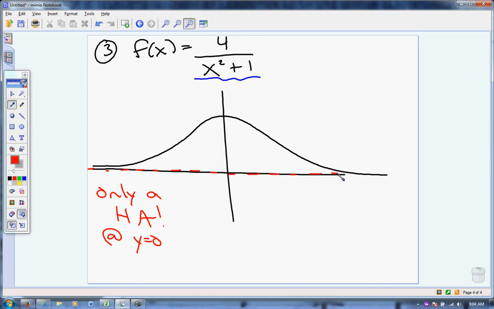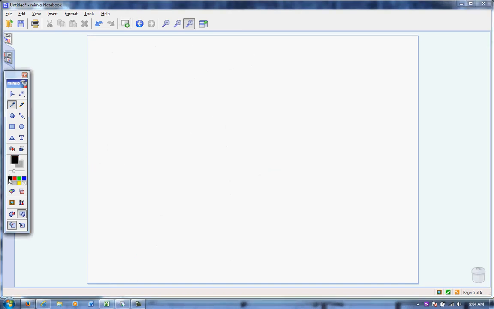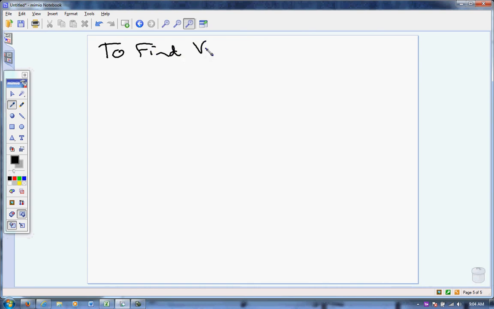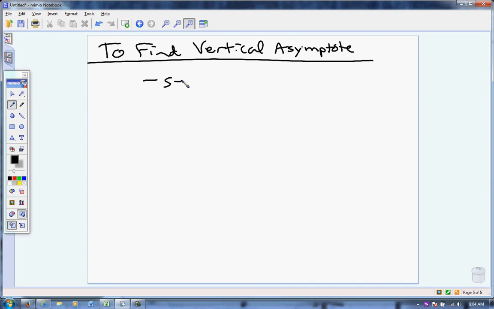How can we find the vertical asymptote algebraically? Let's make a note of this right now. To find a vertical asymptote, I just set the denominator equal to 0 and solve.